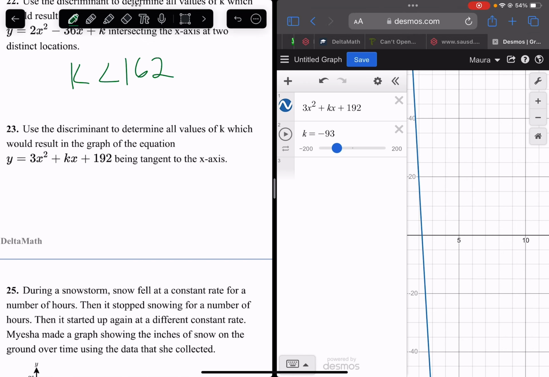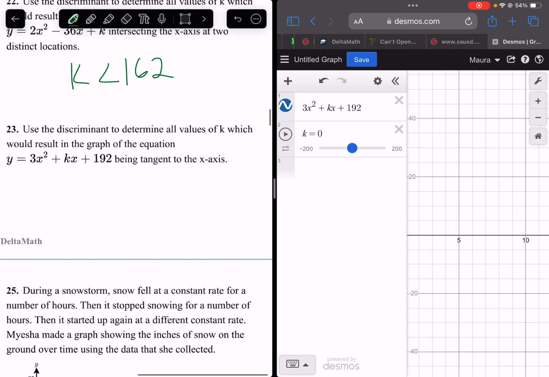So we can see that over here, right, we're going to end up touching the x-axis once here. Maybe between, let's go like, between, we'll say negative 50 and negative 40.